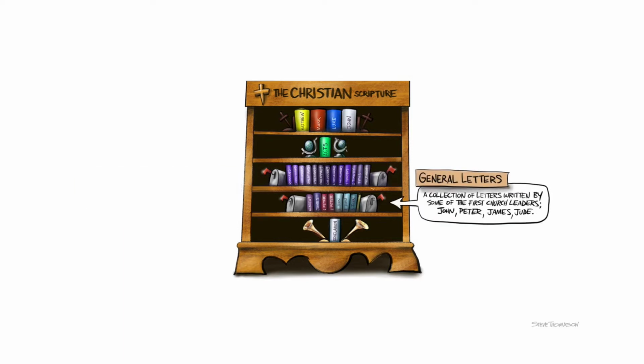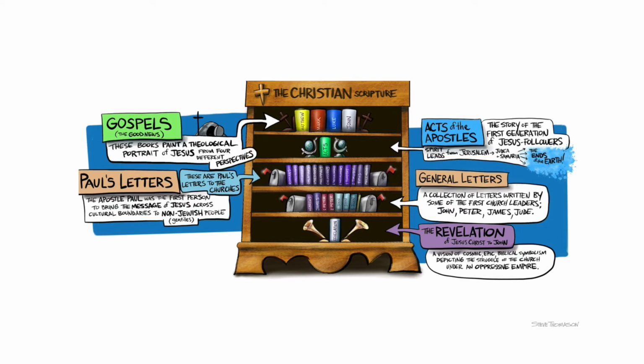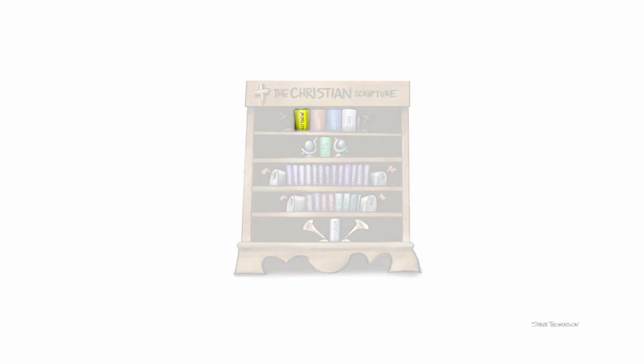And then the other leaders wrote letters, and they're called the general letters. And then there's a final letter that's called the Revelation of Jesus Christ. And you put them all together, and it's called the Christian Scripture. And so the Gospel according to Matthew is the very first one of these books on the bookshelf.